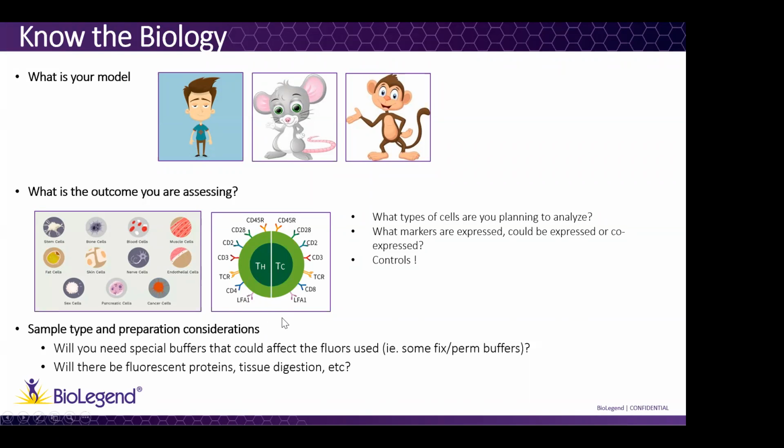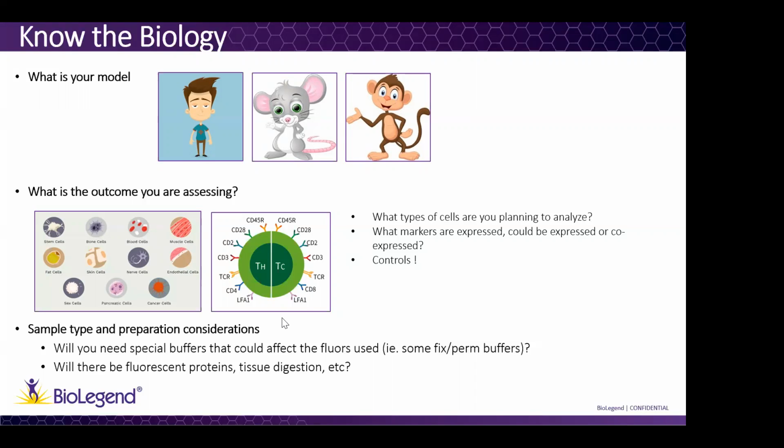And then you need to have proper controls. So you need to have single color controls and non-stained controls, of course. And that's the same thing for conventional and the full spectrum instrument. And then also, some other things that you need to consider. So where is your targets located, whether they are like cell surface or whether they are inside the cell or intranuclei, because that will then affect on the special buffers or fixation or permeabilization you may need to use.